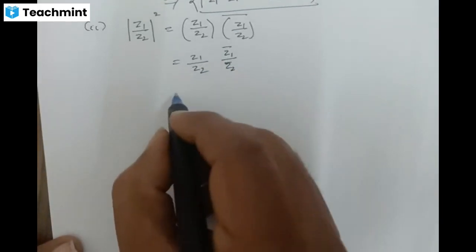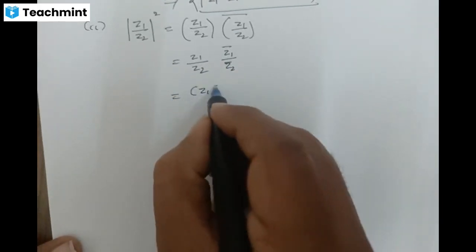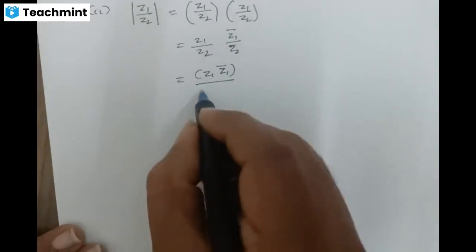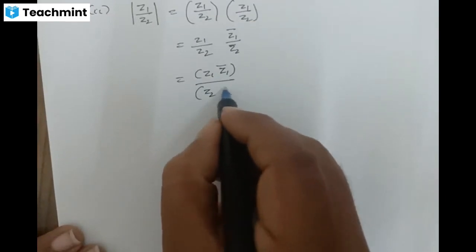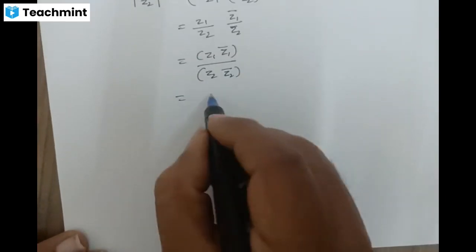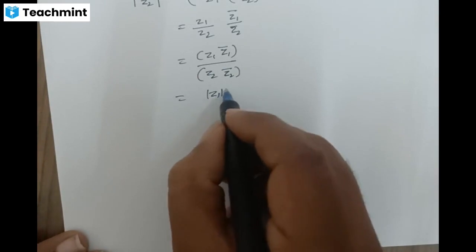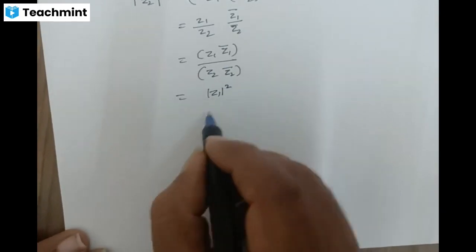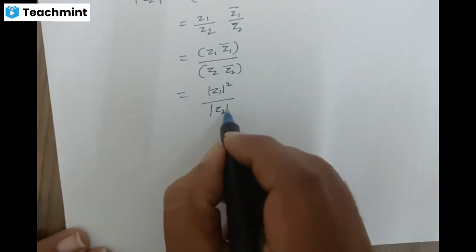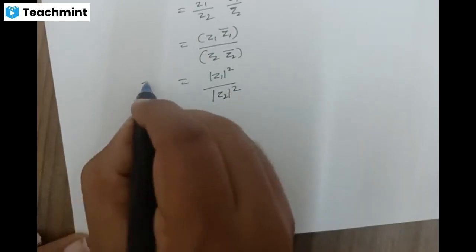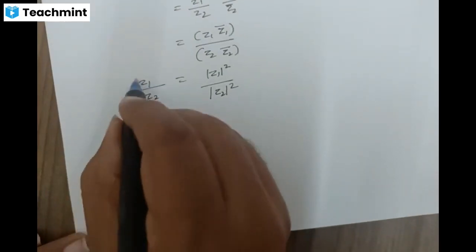So numerator I will rearrange: z1 into z1 bar. Denominator we can write z2 into z2 bar. Numerator we can write modulus of z1 whole square by modulus of z2 whole square. So that means mod z1 by mod z2 whole square.